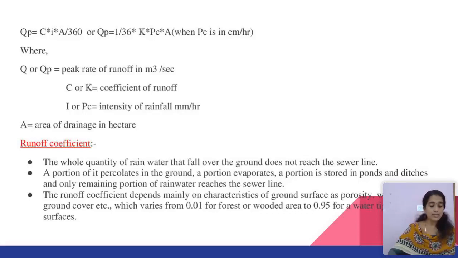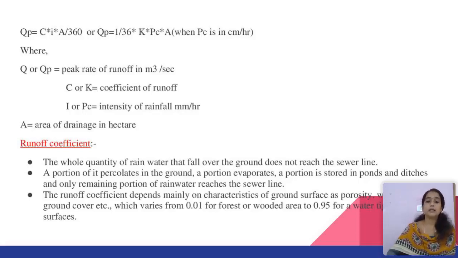C or K, C and K are equal. In some textbooks, it is referred to as K, and in some textbooks, it is referred to as C. So you can take both, that is C or K, equal to the coefficient of runoff, and I or PC is the intensity of rainfall, which is in millimeter per hour.